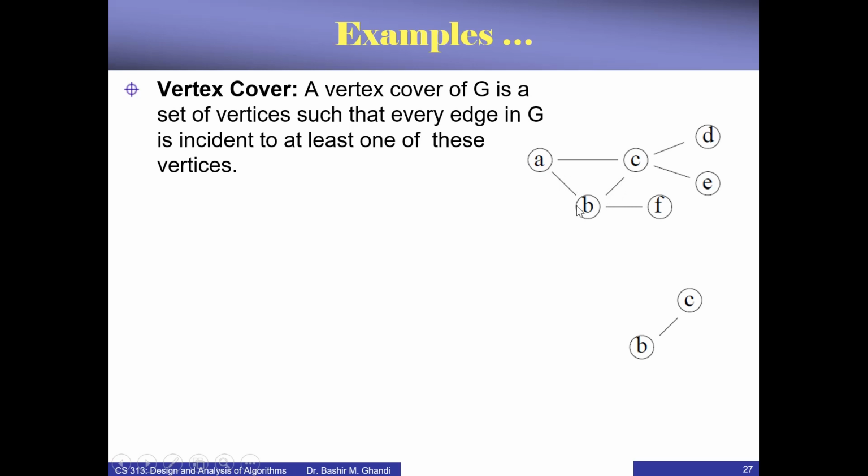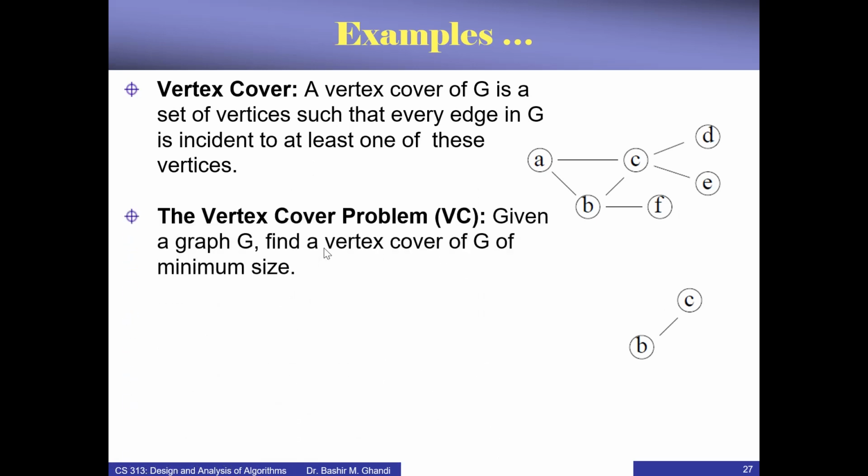This is incident to B. This is incident to C. This is incident to C, incident to C, incident to B. So all the edges in the graph are either incident to C or incident to B. Therefore, this is called a cover for this graph. So this is what is meant by a vertex cover.